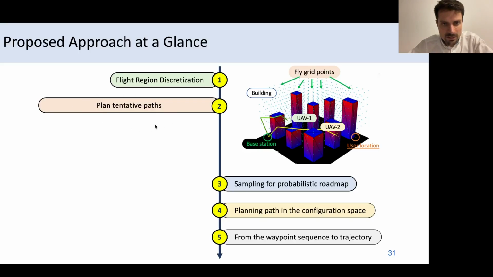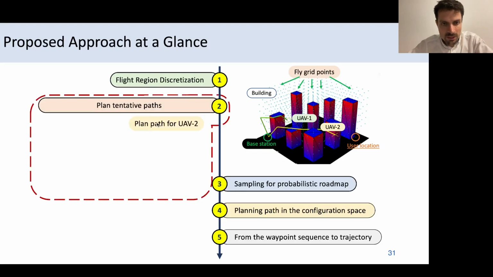So how does this heuristic algorithm work? The idea is that, in our algorithm, we first find the path for UAV2, assuming that UAV1 is at all times in a suitable location that can provide UAV2 with sufficient rate.